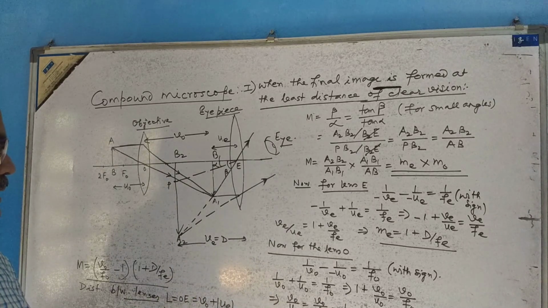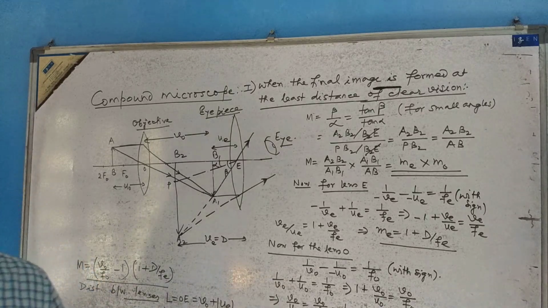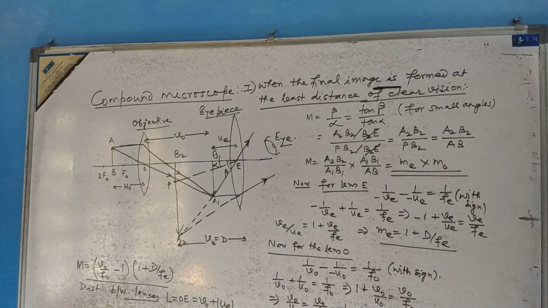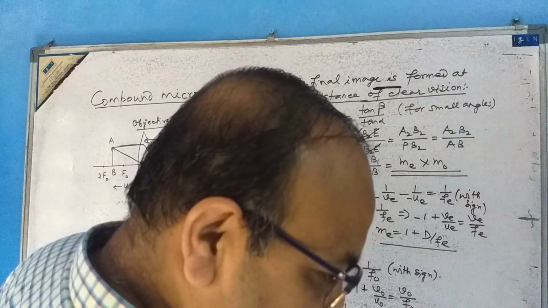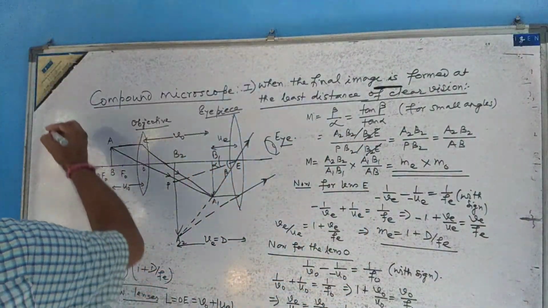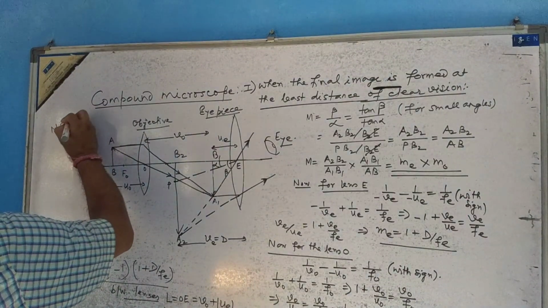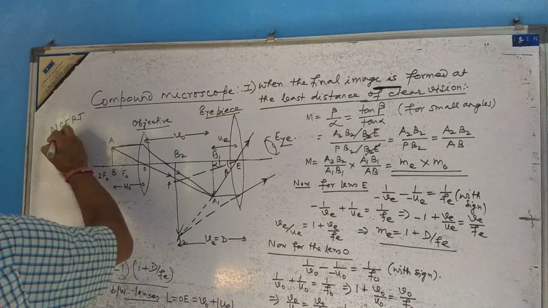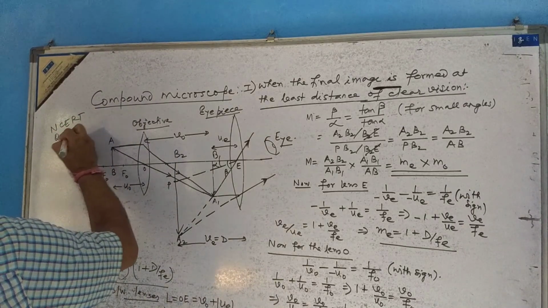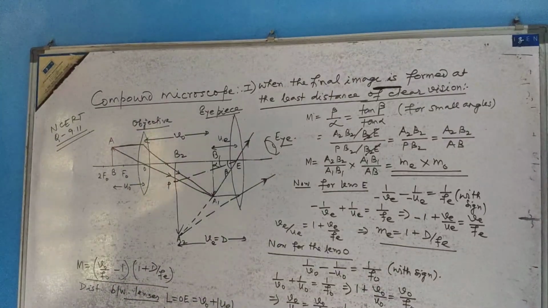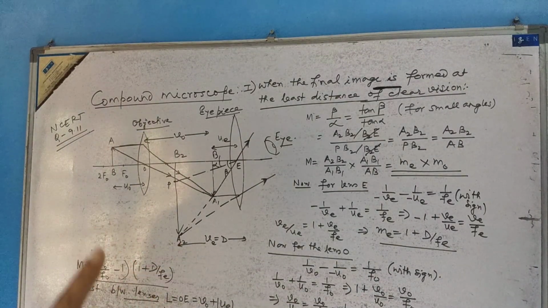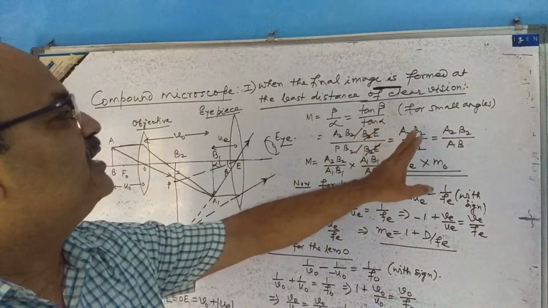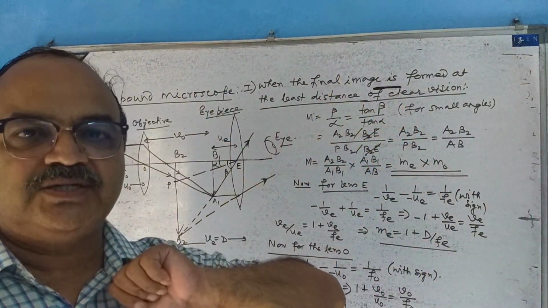Okay, in this you can say, in our NCERT question number 9.11, if you try, that is the question of the compound microscope, and the question is for both the settings, for the least distance of clear vision as well as for the normal adjustment.